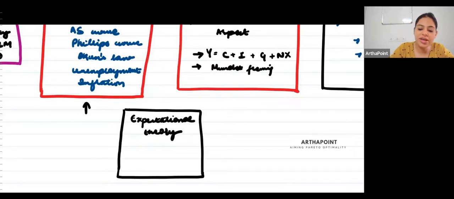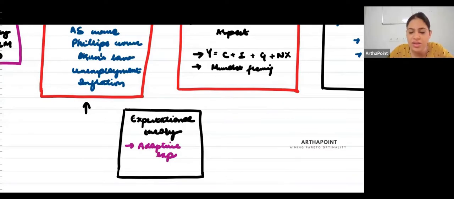So in that, I have already posted adaptive expectation, because I will use this concept in my Phillips curve somewhere. But other than that also, I'm covering this in much detail in those lectures. Very, very theoretical, but I wanted to cover. So adaptive expectations and rational expectations.